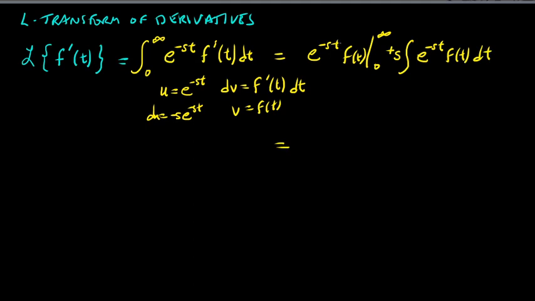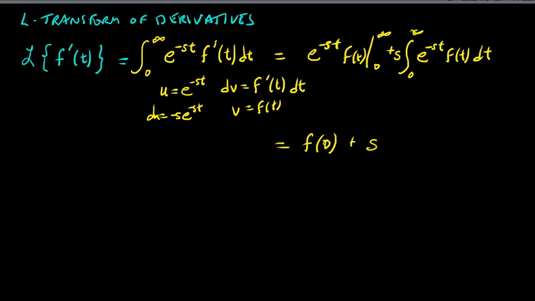So, yep, this is s times t. I know that looks like a minus. Obviously, if t is infinity, this is 0. And if t is 0, then this is e to the 0, which is 1, times f of 0, which we don't know what that is, but it's just some function evaluated at 0, plus s times the integral from 0 to infinity.